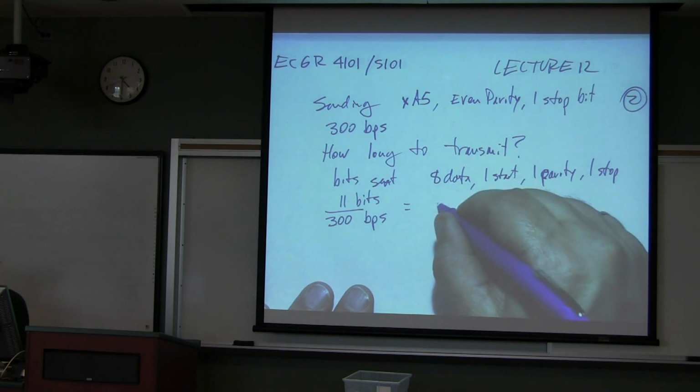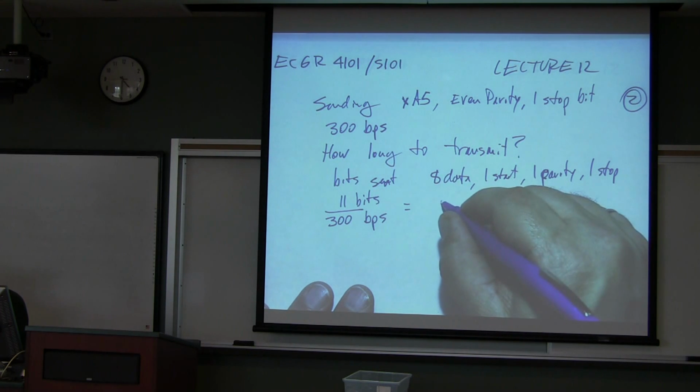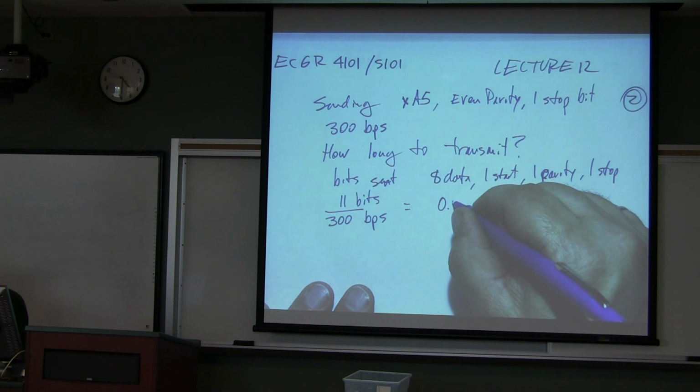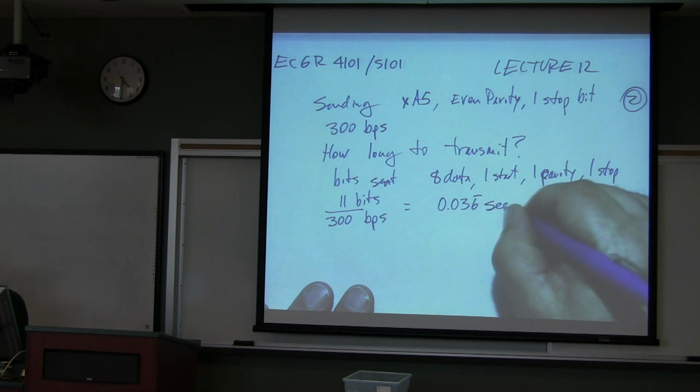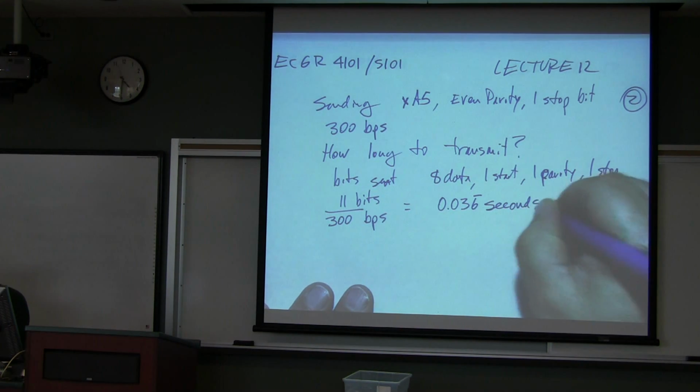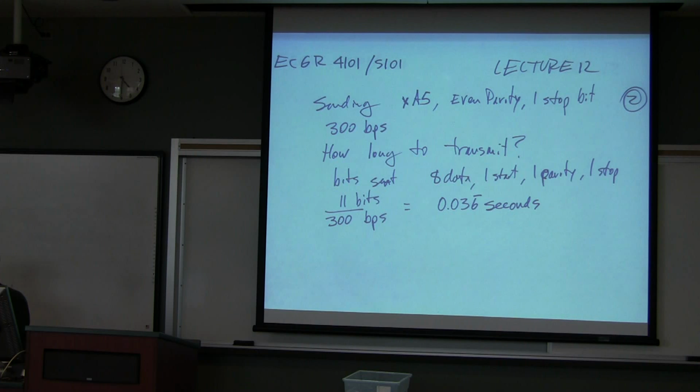And it equals how much? Decimal 036, which would be 36.6 milliseconds. So about 37 milliseconds. That's a lot of time, isn't it?